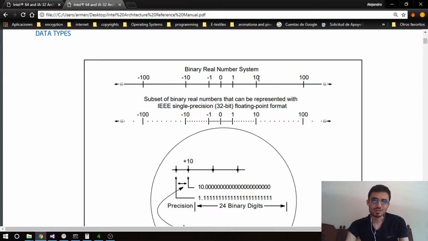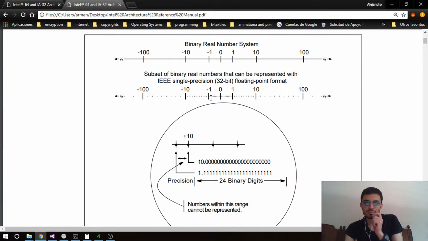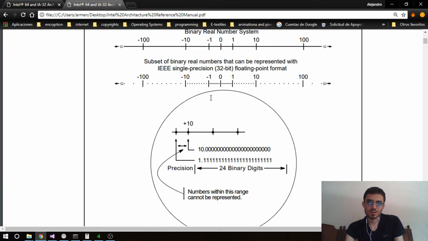So this is 0, 1, 2, 3, 4, 0, 1, 2, 4, 8, 16, and so on. And then this is the subset of binary real numbers that can be represented with the IEEE single precision floating point format. Okay, just a minute.